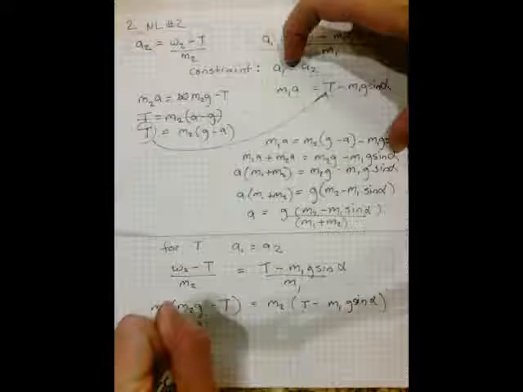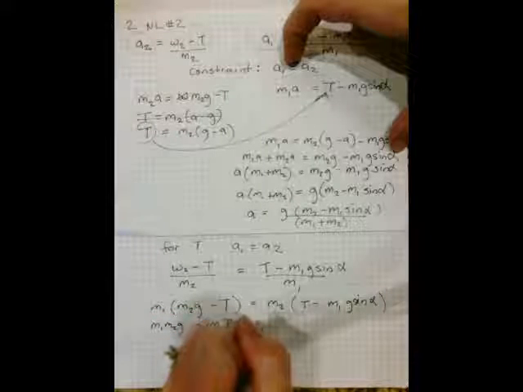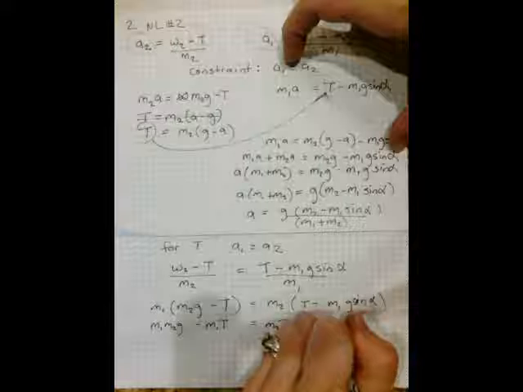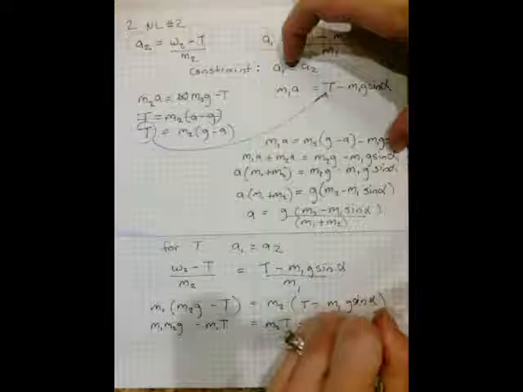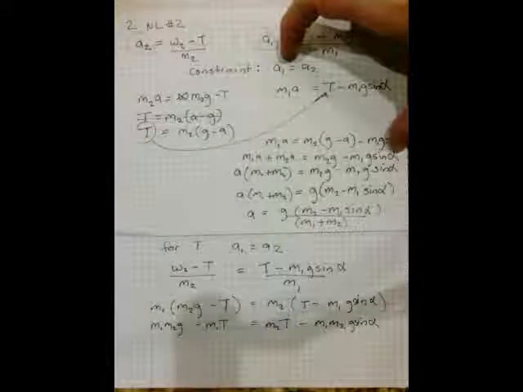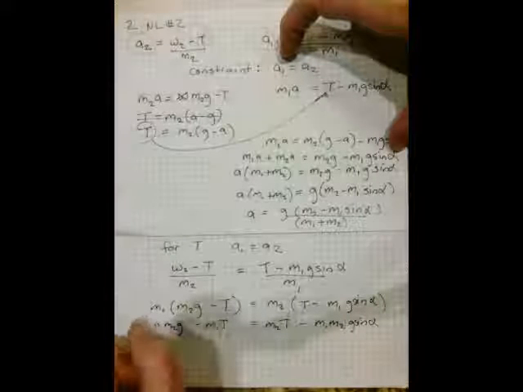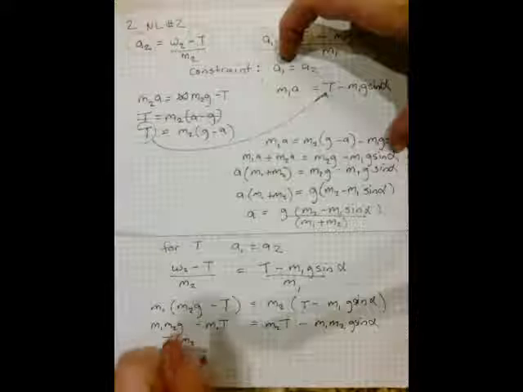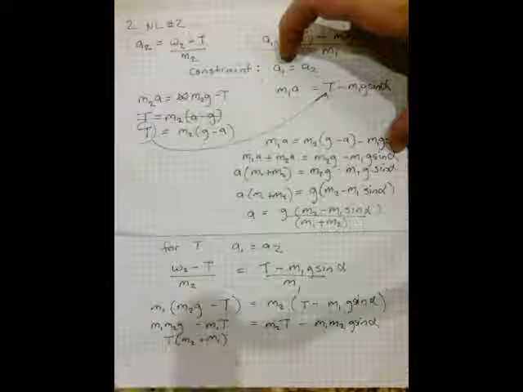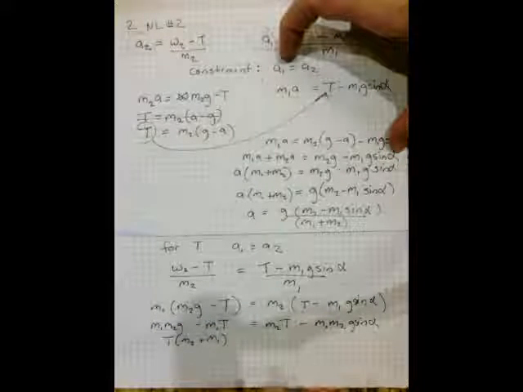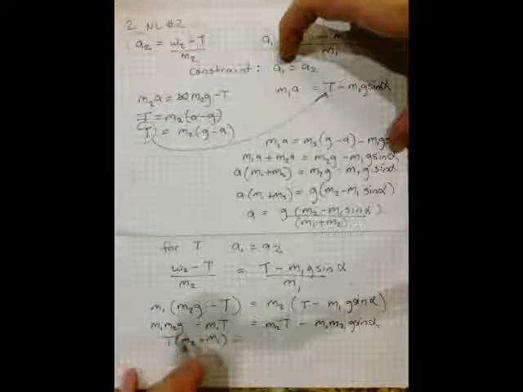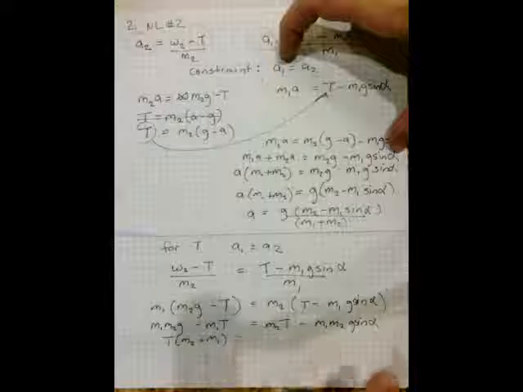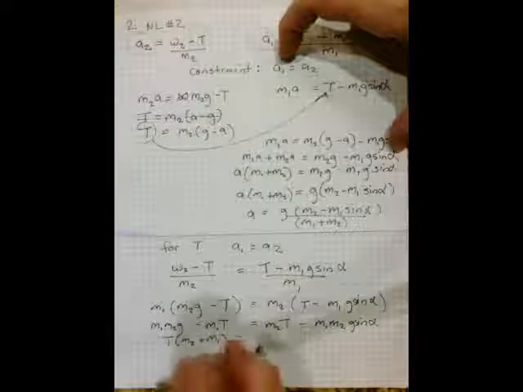So then we have m1 m2 g, and then m1 T, and then m2 T, and m1 m2 g sine, whoops, I forgot the sine alpha, and I'm collecting the T's and getting everybody else on the other side. So I've got T times m2, that goes over there, so plus m1, and on the right side, I'm going to collect, hang on a minute, I'm flip-flopping myself, m1 plus m2, everybody came to the right.